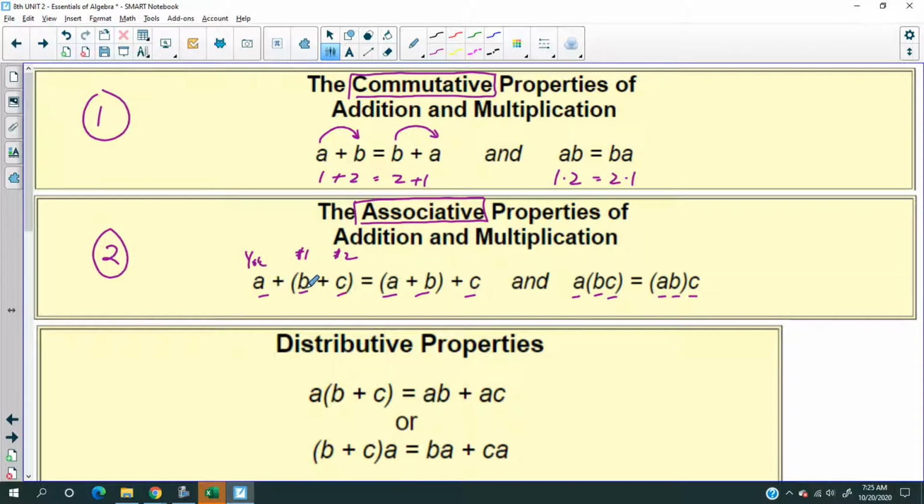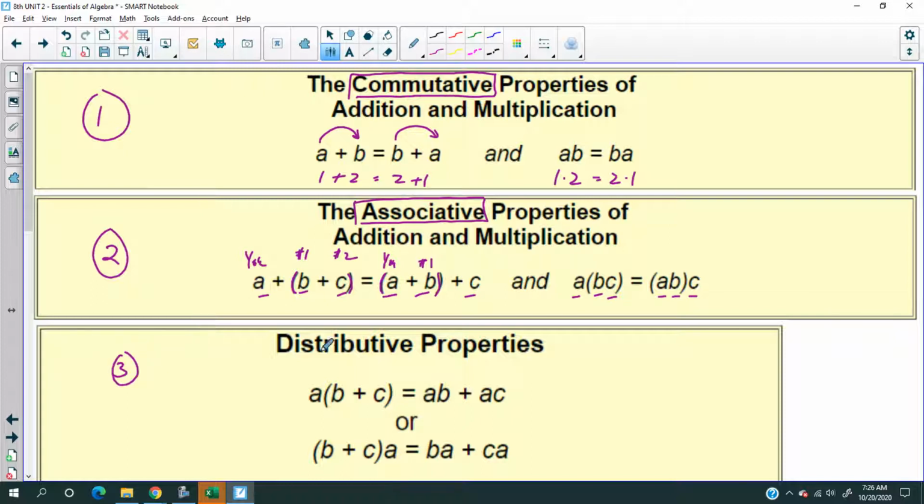The associative property basically is saying it doesn't matter who's hanging out with who. So your two friends, let's call them B and C, if they're hanging out, that's cool. But if it's just you and your friend B, it's cool also. So it doesn't matter who you associate with. Think of it like that. The parentheses is like an association symbol. Okay, think of it like that.